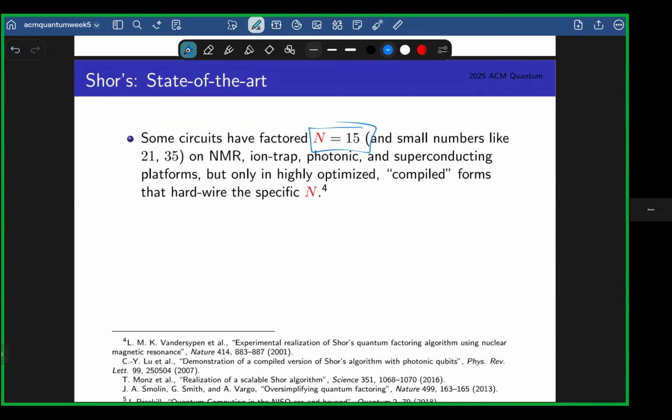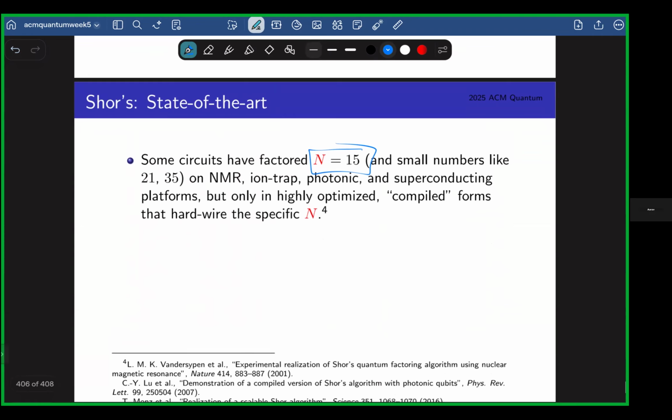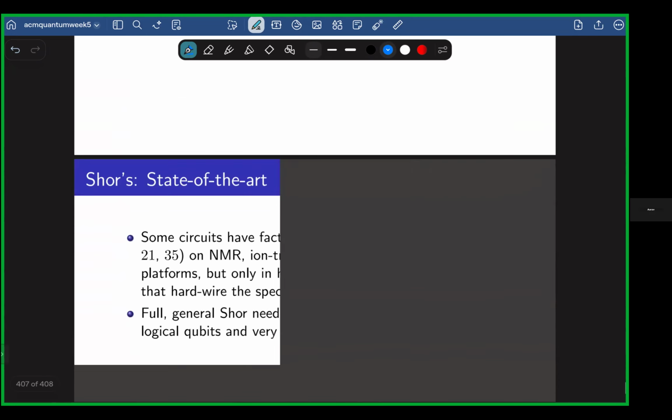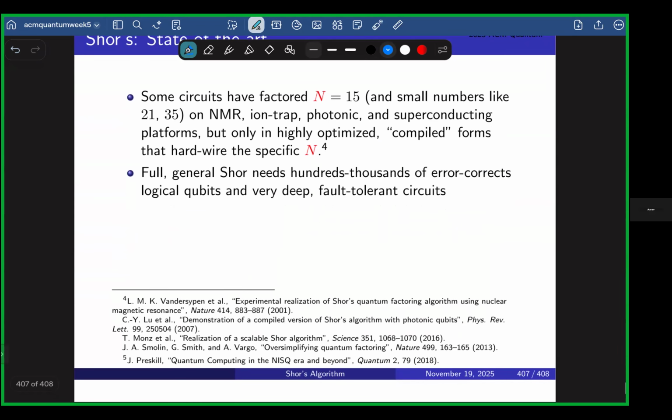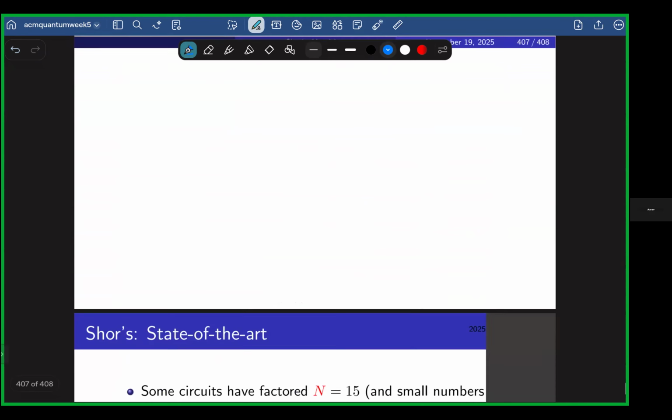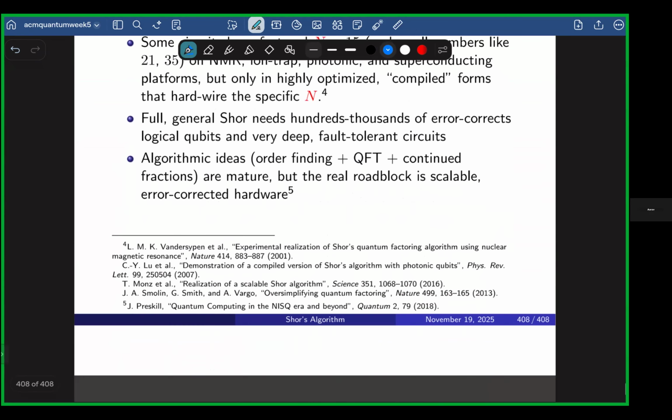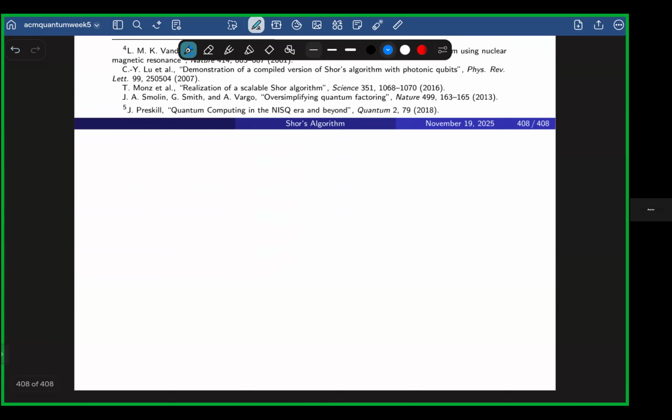Some have done 20 and 21 and 35, but they're very hard coded. It's like the computer knows what to expect. If you want to do this for large RSA numbers, then you need a lot of qubits and a lot of error correction. So while the theory is there, the hardware is not. So that's it.